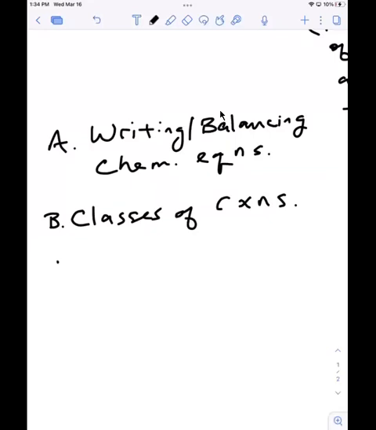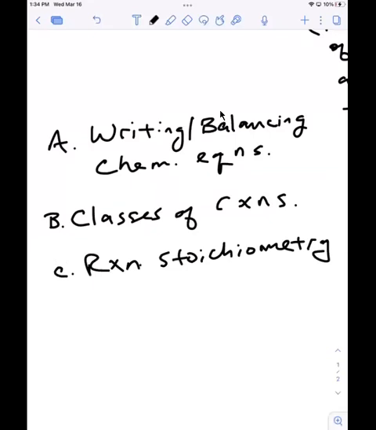And then, of course, reaction stoichiometry.